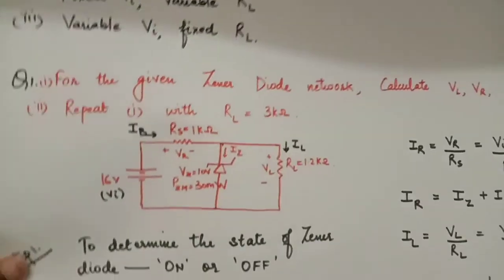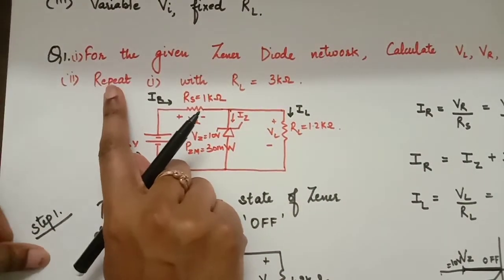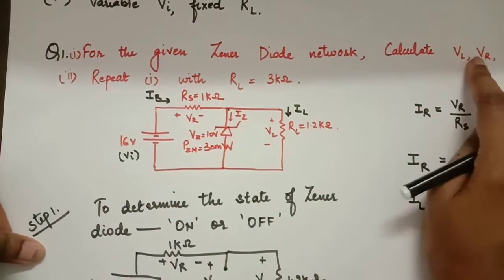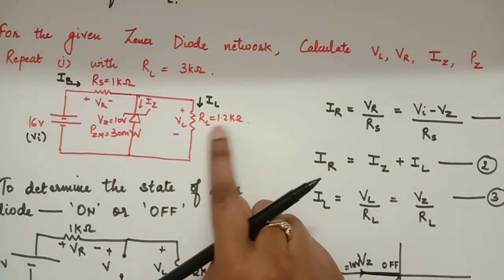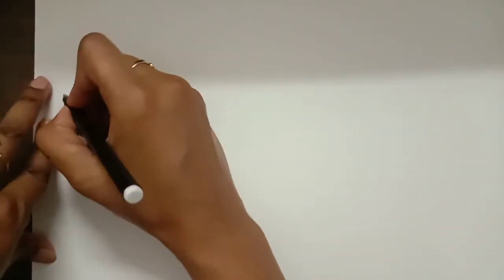Now, what was the second part? In the second part, we were asked to repeat the same thing. That means we need to calculate the same parameters, but we now need to replace this RL by 3 kilo ohm. So let's do it. When we replace RL by 3 kilo ohm, again we will follow the same steps.